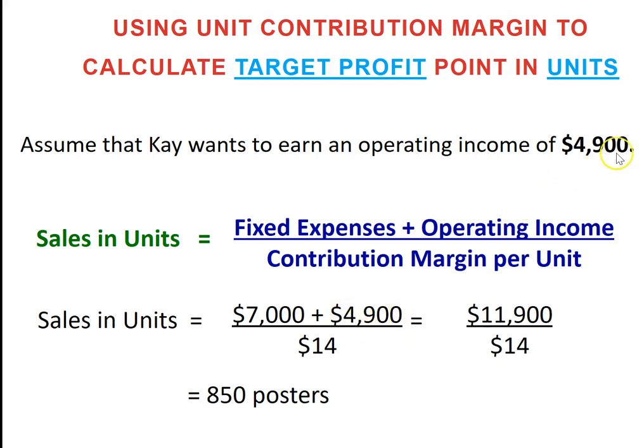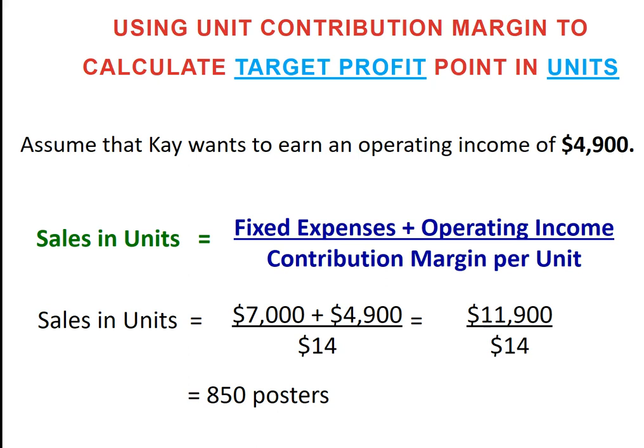But now we know we want to earn this $4,900 profit, so I plugged in 4,900 here. So if you do this little math, you will find that the company needs to sell 850 posters to earn an operating income of $4,900.